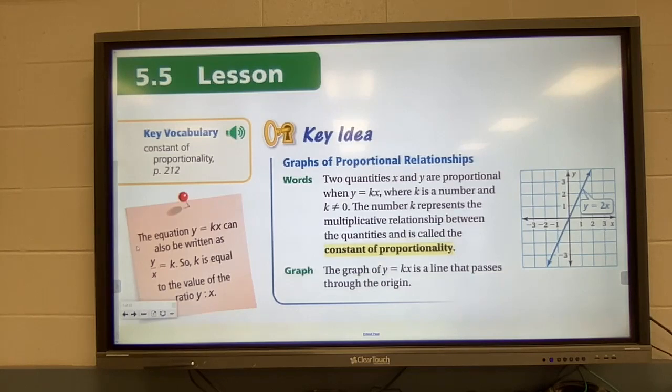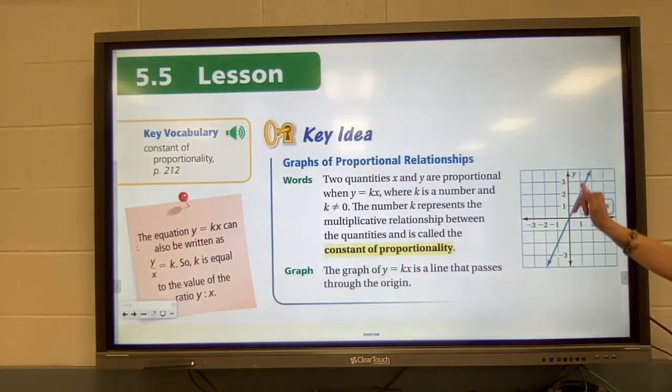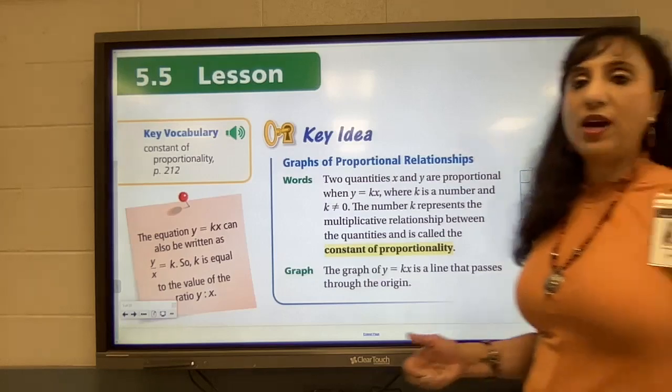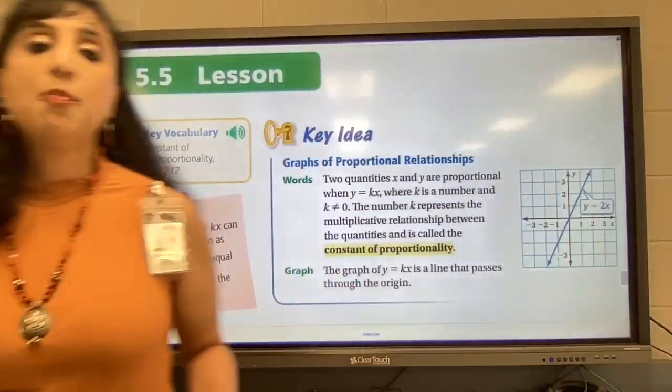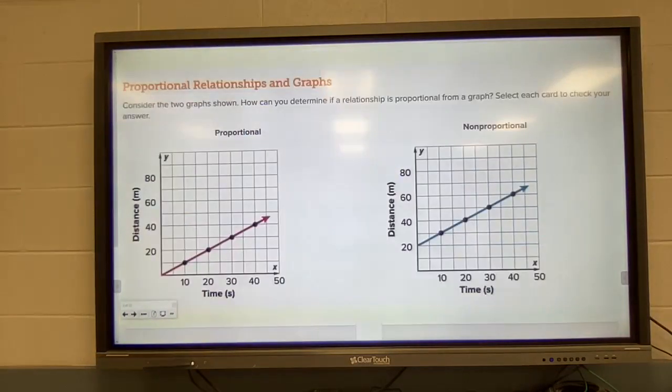The number k represents the multiplicative relationship between the quantities, and it is called the constant of proportionality. You can also write k is equal to y divided by x. So y divided by x will also give you that proportionality, and we are going to discuss that in a minute.